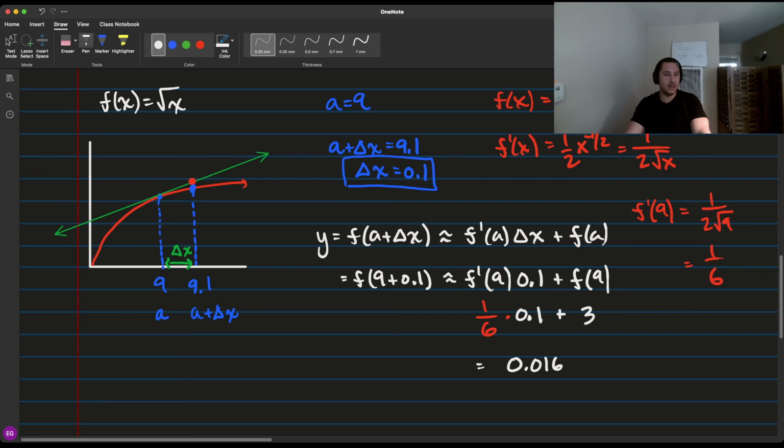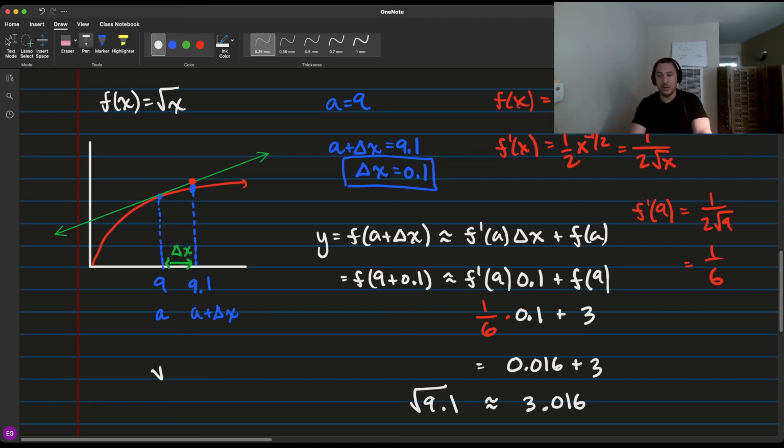So I'm just going to write 0.016 plus 3, which is 3.016. So this is telling me that the square root of 9.1 is approximately equal to 3.016.